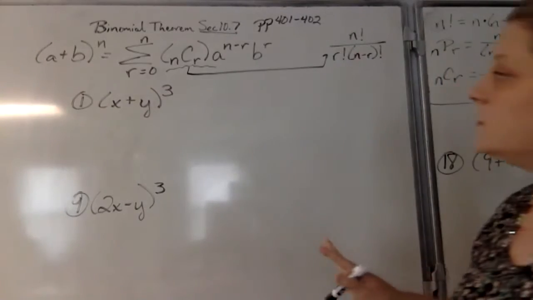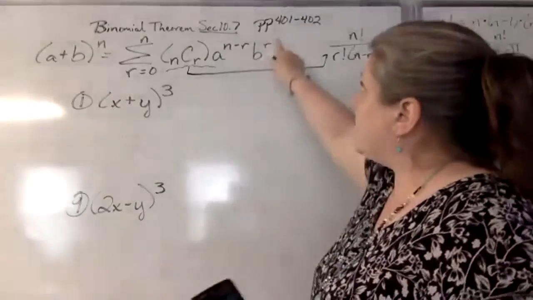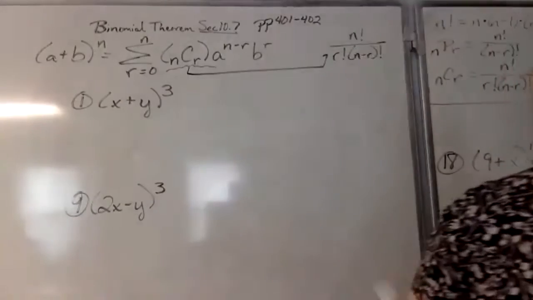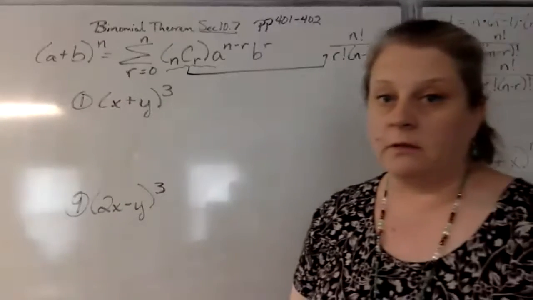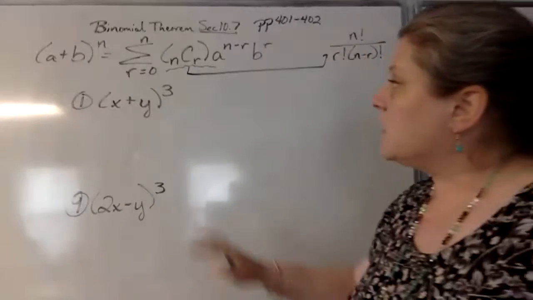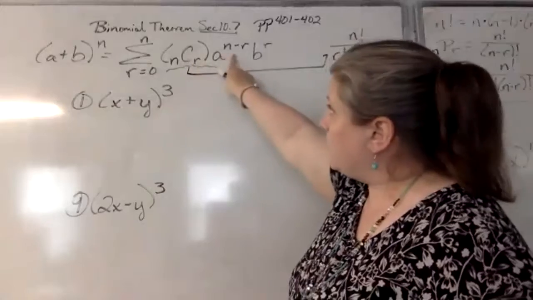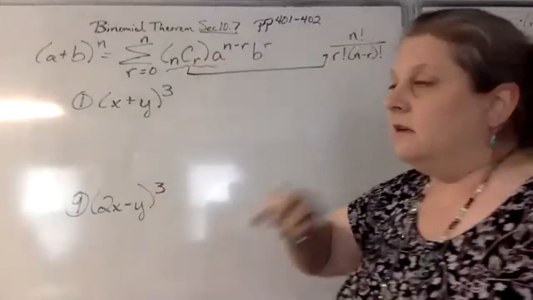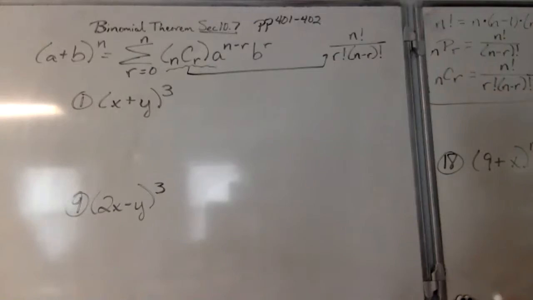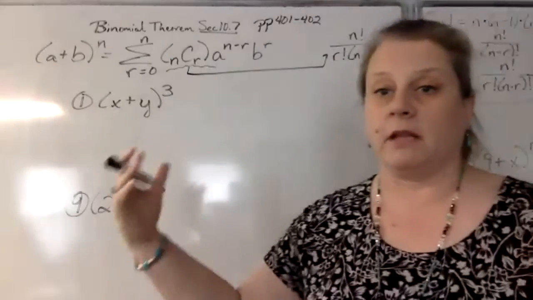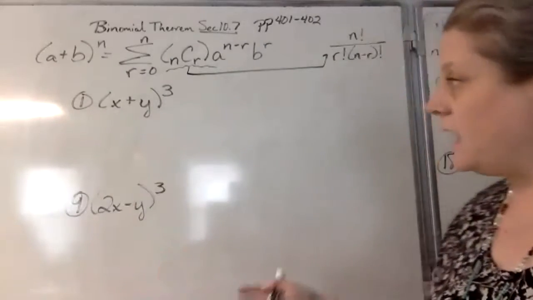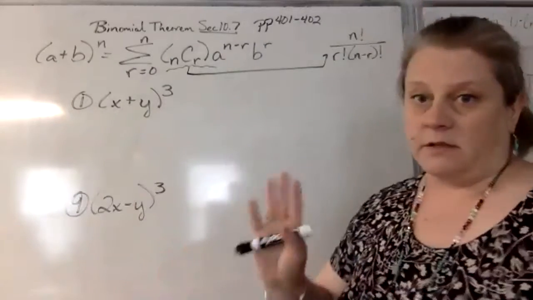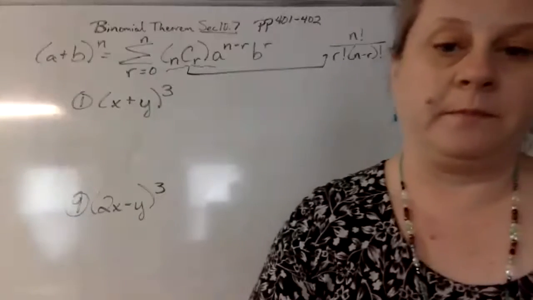The first 2 problems are here on page 401, where it says expand the binomial. So we're going to use this binomial theorem up here to expand each one of these. And like I said, these problems can get to be really long, which is why we're only doing a few of them, okay?